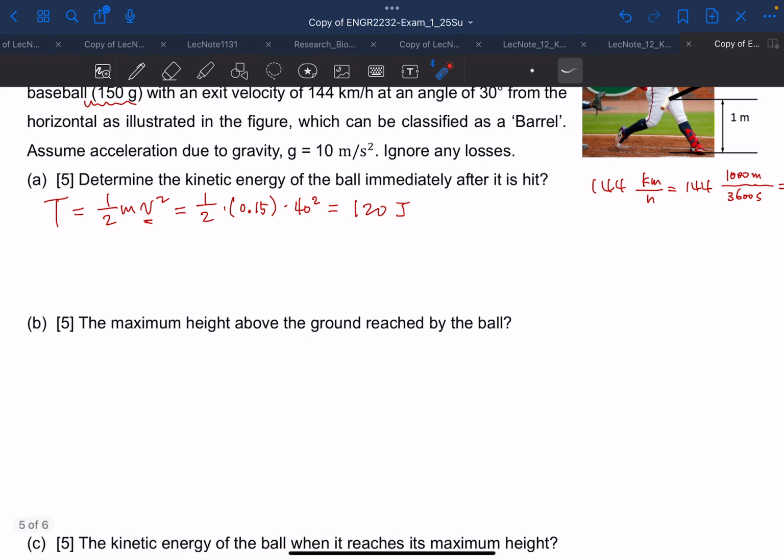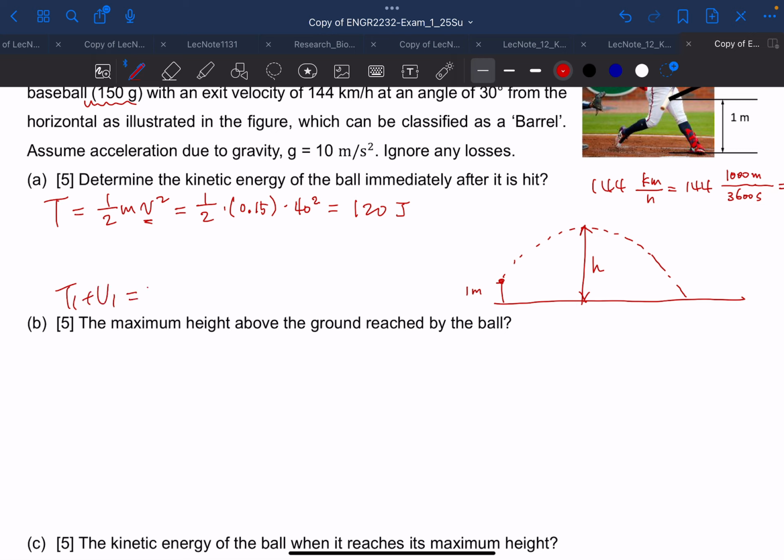Okay? And then the next question is about the max height above ground reached by the ball. So it will start from here, right? And then it will go up, then it will go down. This is what we're looking for, of course. So some of you used the energy principle, like T1 plus V1 is T2 plus V2.